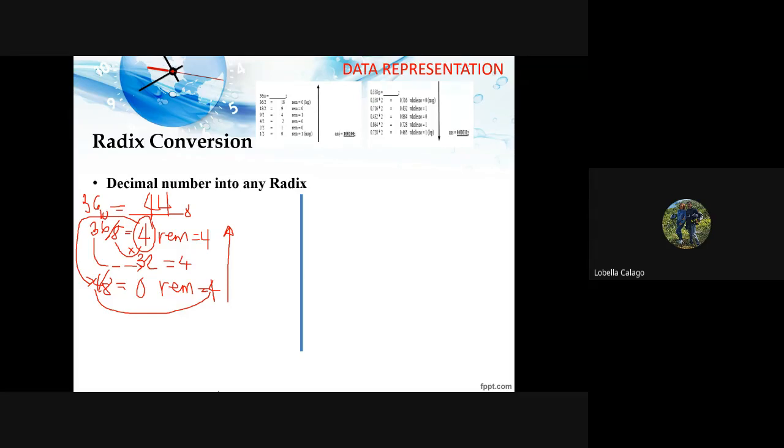So same lang din pag 16 ang hinahanap. So assuming 36 again. Erase natin.